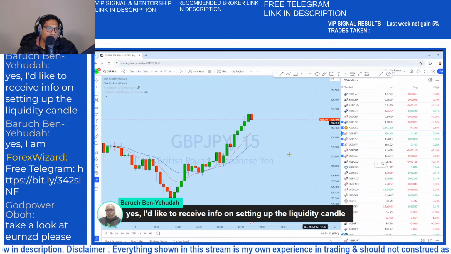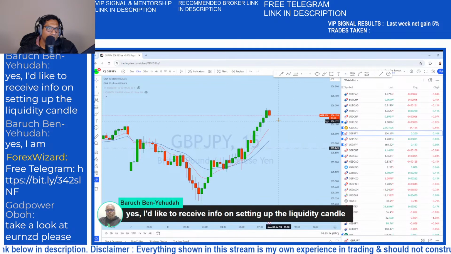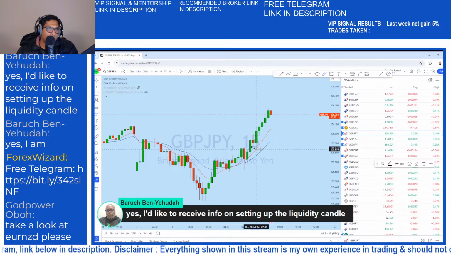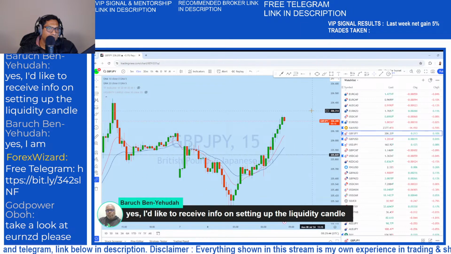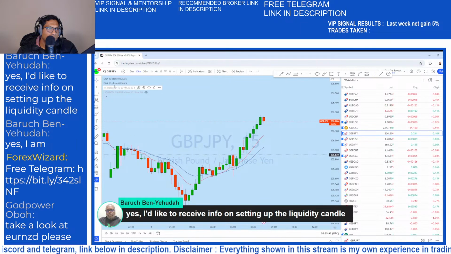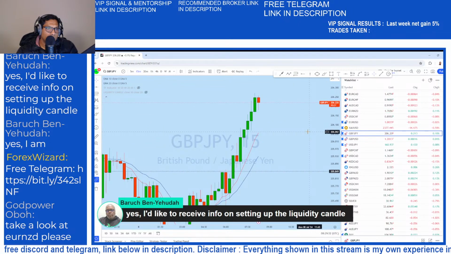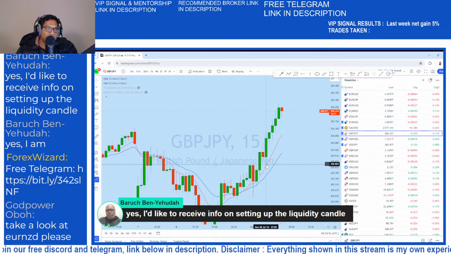Here also I will be waiting for the price to, if you guys look at here, you can see this is a significant level of support, pretty strong support level on GBPJPY. So here we can see the market has made a pretty big move.